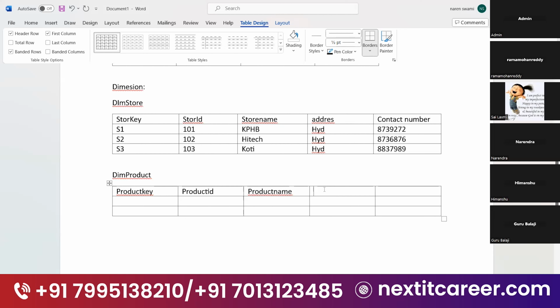The price will not be available here, because price is a measure and will be available in the fact table.